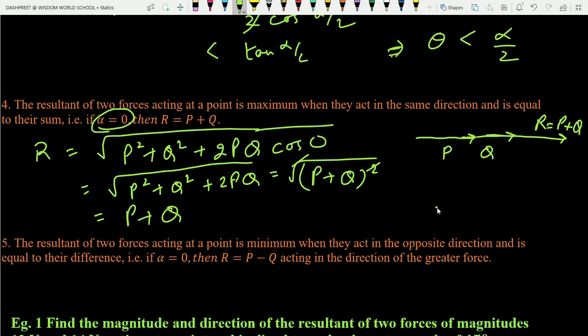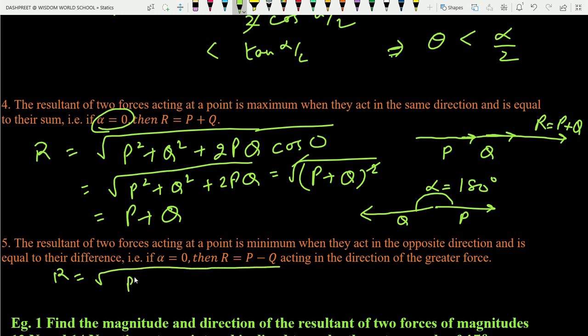Similarly, यदि दोनों forces opposite direction में हैं, say this is P and this is Q. Here the value of alpha is 180 degree. So in this case, resultant will be equal to root of P square plus Q square plus 2PQ cos of 180 degree, and cos of 180 degree is equal to -1.